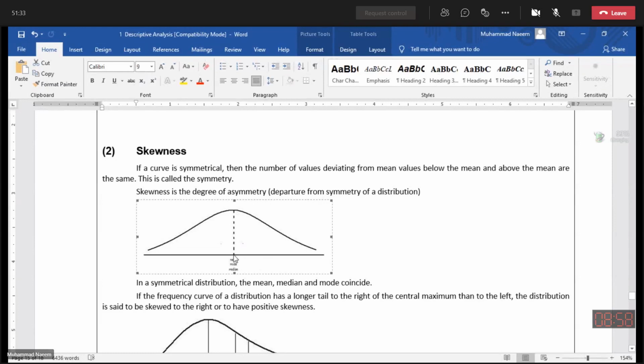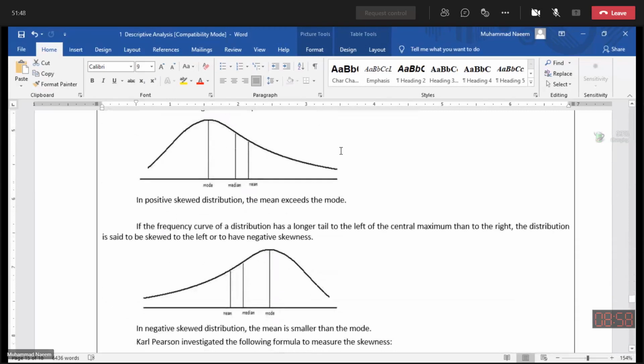At this point, we have all the three values of mean, mode, and median when the distribution is symmetric. Okay, when the distribution is not symmetric, it is skewed, either of this shape or of this shape. This first one is called positively skewed, and this one is called negatively skewed.